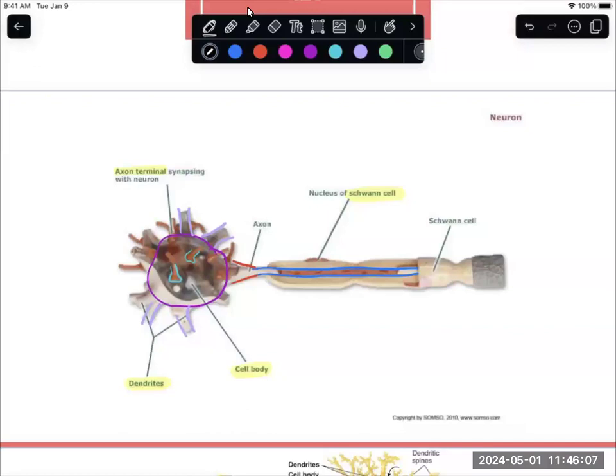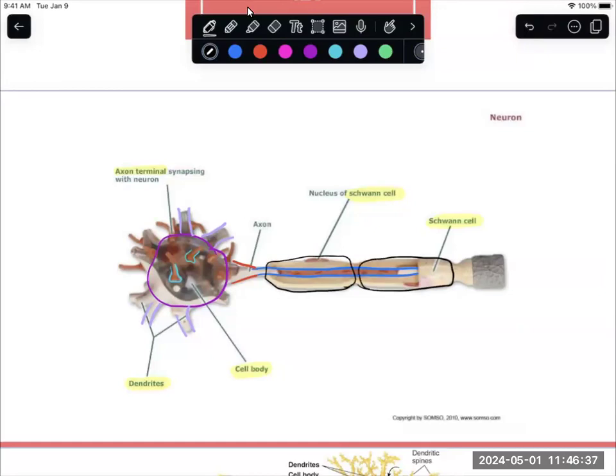By insulating them, they help information travel much quicker. So these Schwann cells are also listed as neurolemmocytes on your lab list. They are what make up this myelin sheath. So from here to here, that would be one Schwann cell. From here over would be the next Schwann cell.